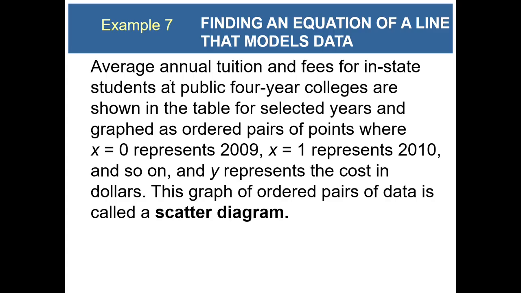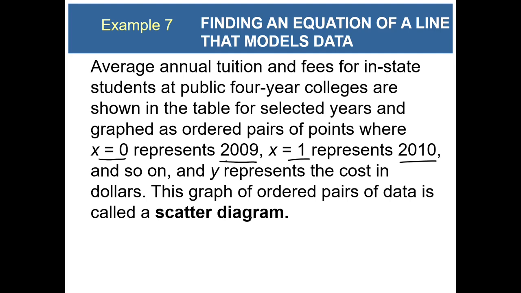Example 7. Average annual tuition and fees for an in-state student at public four-year colleges are shown in the table for the selected years and graphed as ordered pairs of points where x equals 0 corresponds to 2009 and x equals 1 corresponds to 2010, and so on. And y represents the cost in dollars.